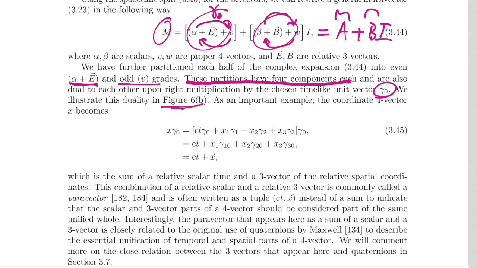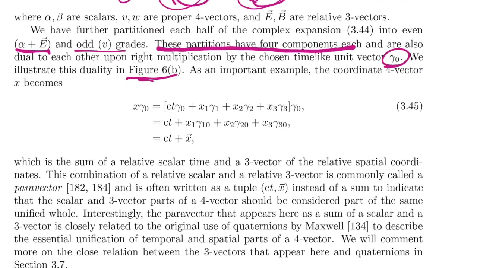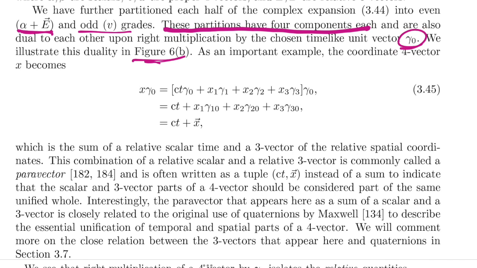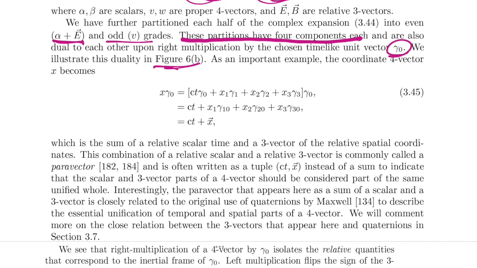As an important example, consider the coordinate 4-vector x. So what they want you to see is that x, the coordinate 4-vector, has to be written as a coefficient times gamma 0 plus a coefficient times gamma 1, gamma 2, gamma 3. So this right here is x, and x is grade 1. It's a vector.